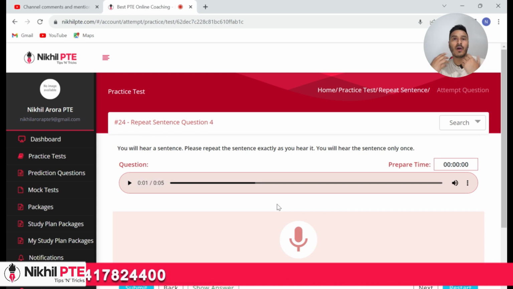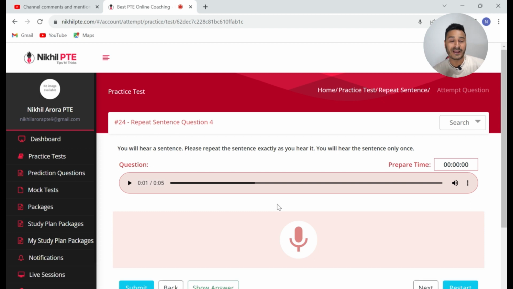So practice, you have to do practice at your home as much as you can. Minimum 40 to 50 sentences. Day by day you will improve definitely, because it's a listening section. Some students have pronunciation problems, some students have listening problems. It depends on your region as well. If you are not speaking English in your surroundings, so how can you improve your listening, guys?